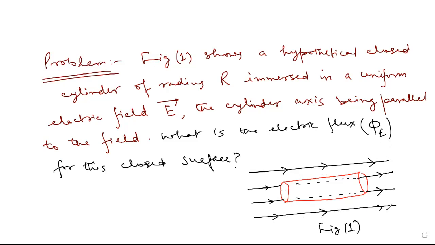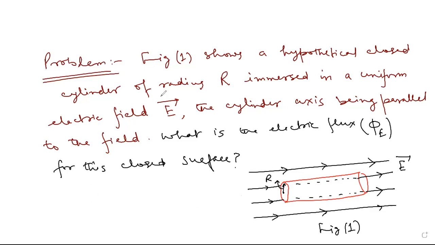These equally spaced electric field lines, which are parallel, represent the uniform electric field E. Now, in this uniform electric field is immersed a closed surface of radius capital R. So this is R, radius of the cylinder, and the axis of the cylinder is parallel to the electric field as shown.